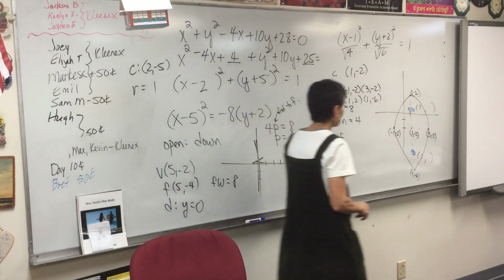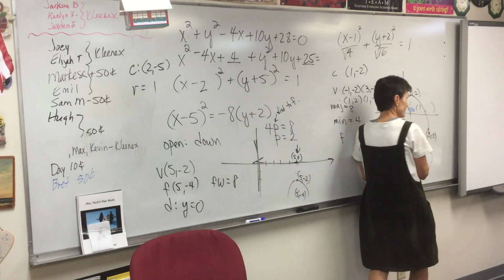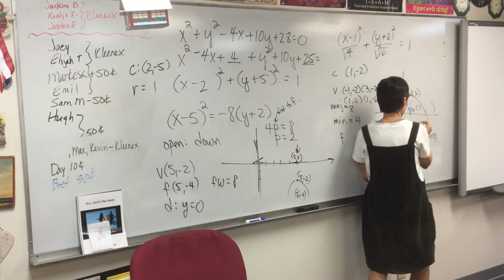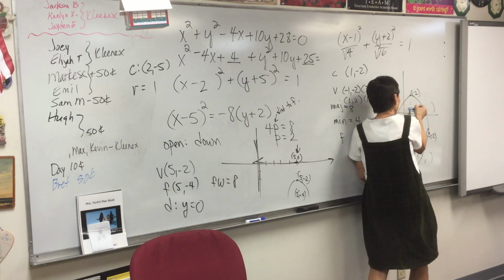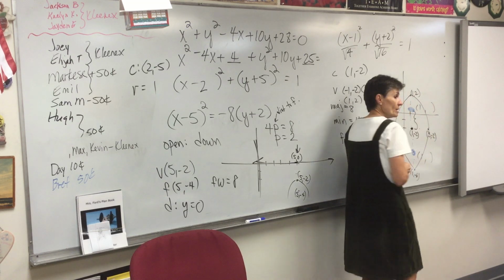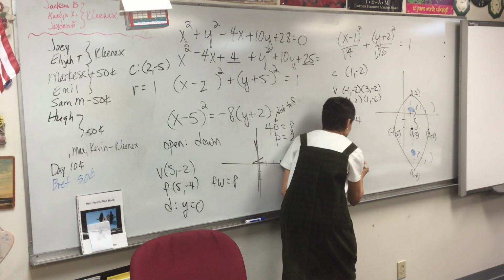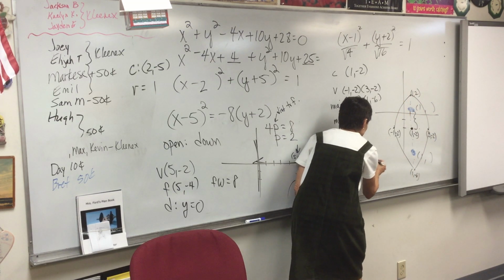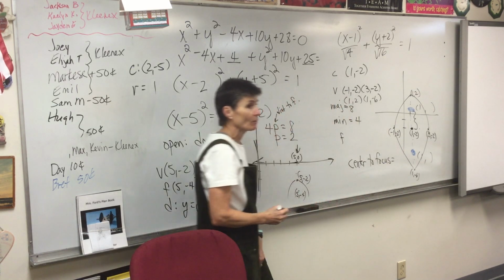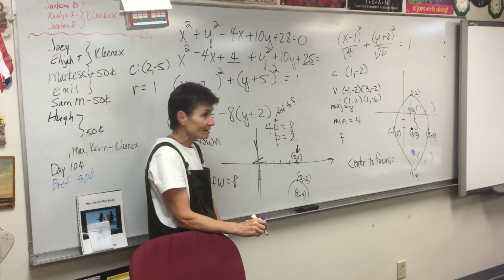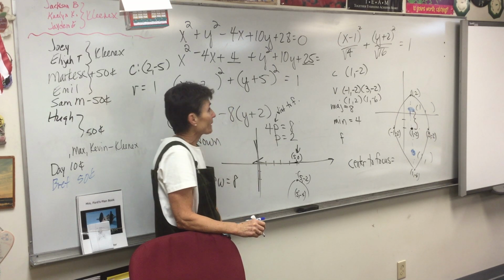Now, to figure out the y, this is the harder part, you have to know how far up and down to go. The distance from the center to the focus. Does anybody remember how we find that? Julia? 16 minus 4.